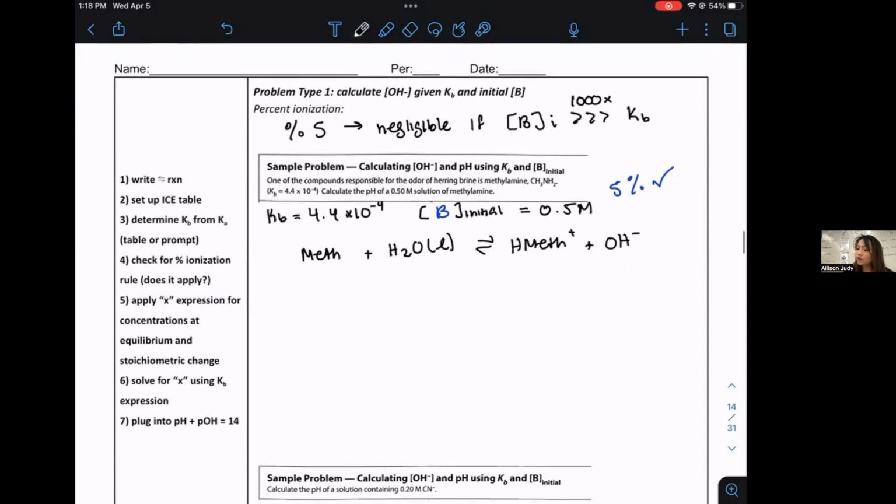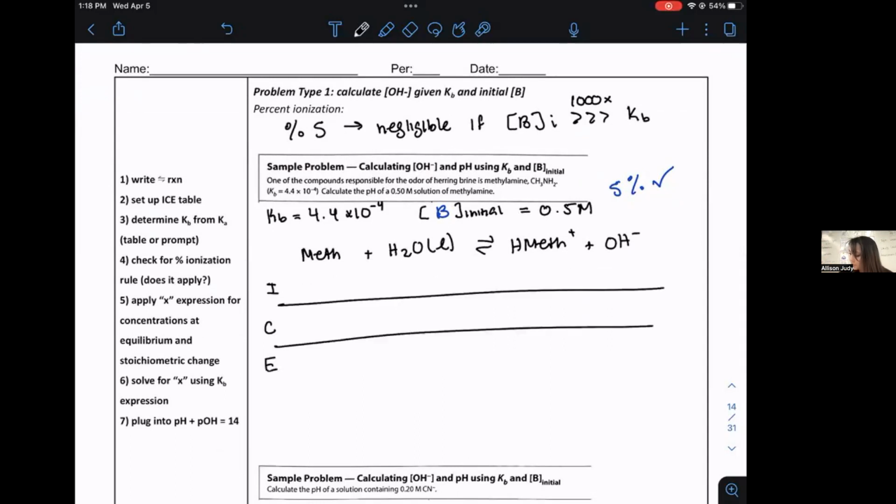Okay, so what we do then is just like normal, we set up an ice table. And then of course, water doesn't matter because water is a liquid and we can't do anything with liquids in our K equilibrium expression.